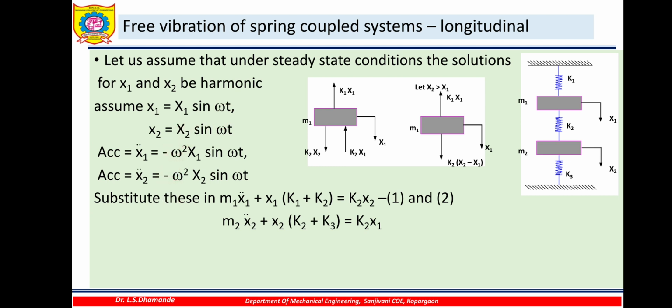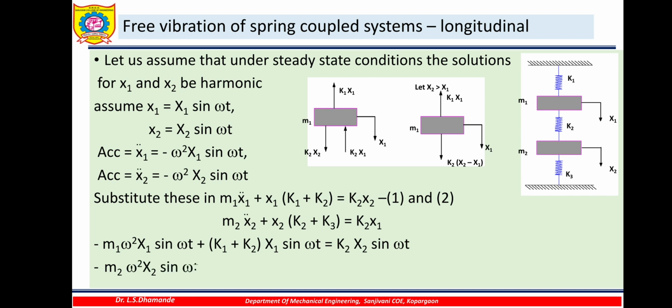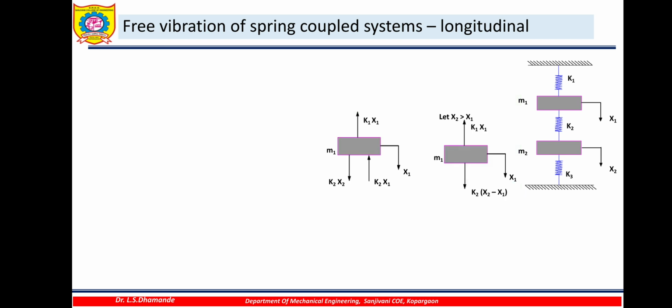So if I put x1 double dot, the equation becomes minus m1 omega square into x1 sin of omega t plus k1 plus k2 into x1 sin of omega t, that is equal to k2 x2 sin of omega t. So I just put the values of x1 and x2 in equation 1. Similarly I will put them in equation number 2. Simply I just put the values of x1 double dot and x2 double dot and x1 and x2.